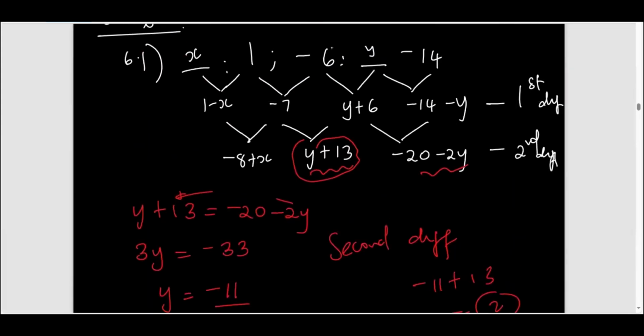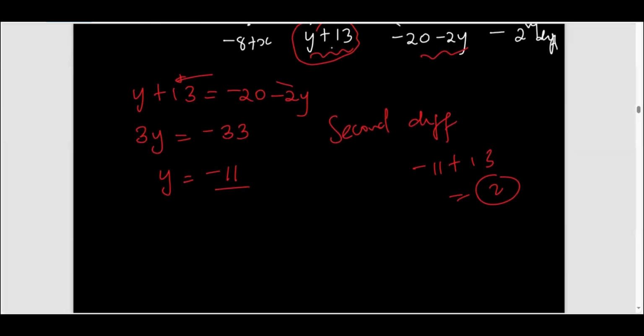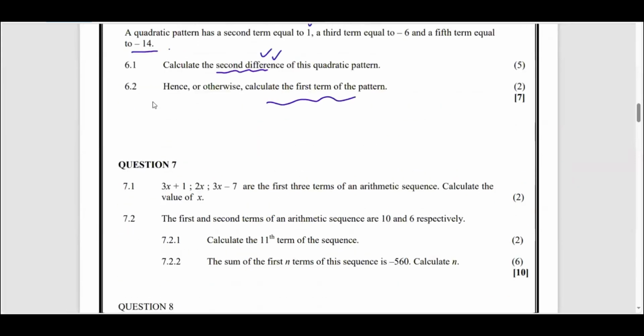We just let the first term be x. So in other words, we're just solving for x. So I can get this -8 plus x, and then I equate it to 2. So -8 plus x is equal to 2. Move the 8 that side, which means x is 10. So that is the first term. All right, so that is question number 6.